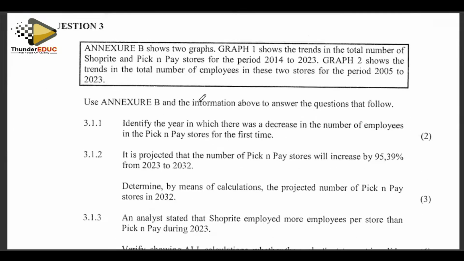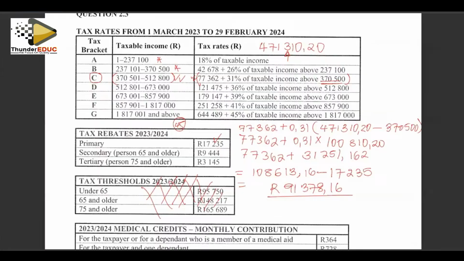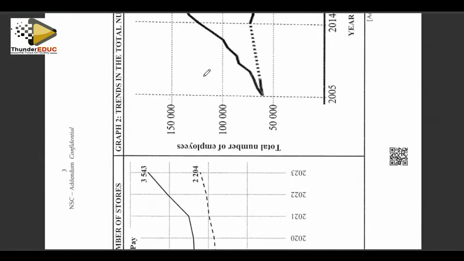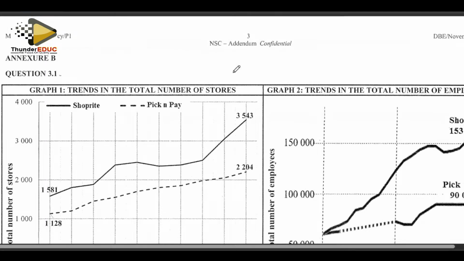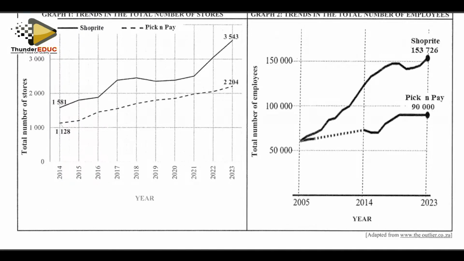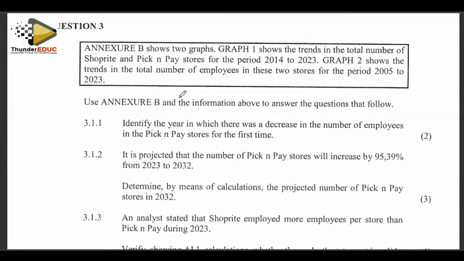Question number 3. Use Annexure B. Annexure B shows two graphs. Graph 1 shows the trends in the total number of ShopRite and Pick and Pay stores for the period 2014 to 2023.